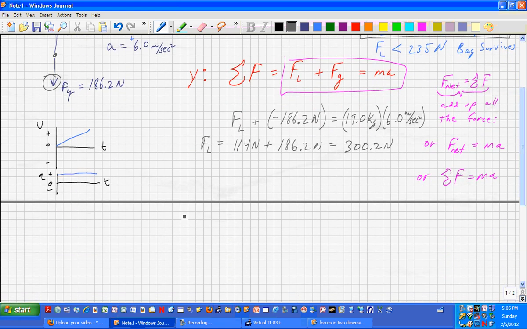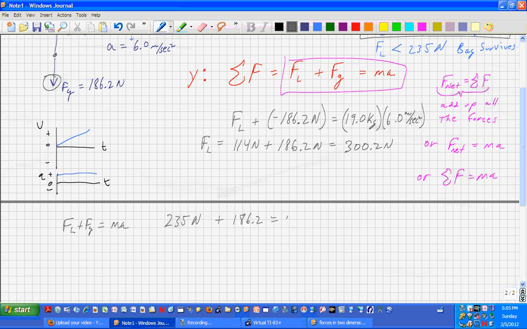What you can do is say that, okay, I know that I can put 235 in for that lift force. That's the maximum lift force that can survive. Is going to be equal to plus 186.2 newtons. Basically, I'm back at force lift plus force of weight is equal to ma.